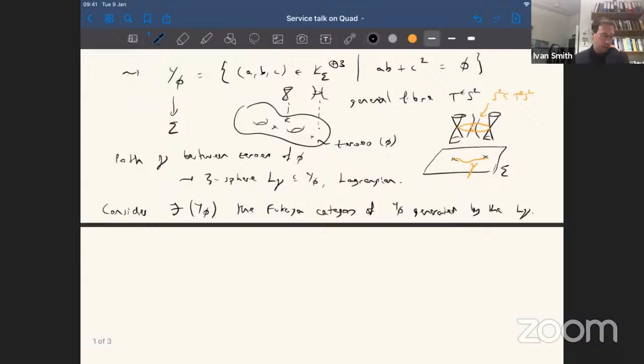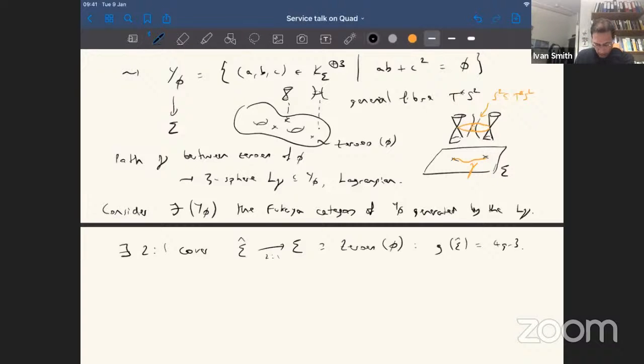In fact, there's a natural double cover in this story, which is the double cover branched at the zeros of phi. There were 4g minus 4 zeros, so the genus of this covering surface is 4g minus 3.